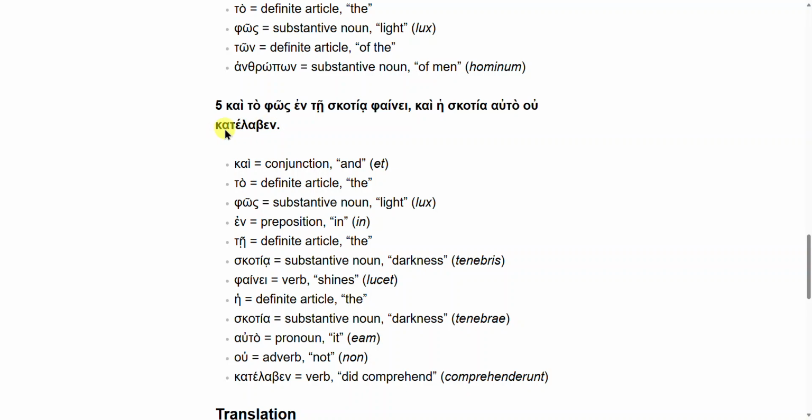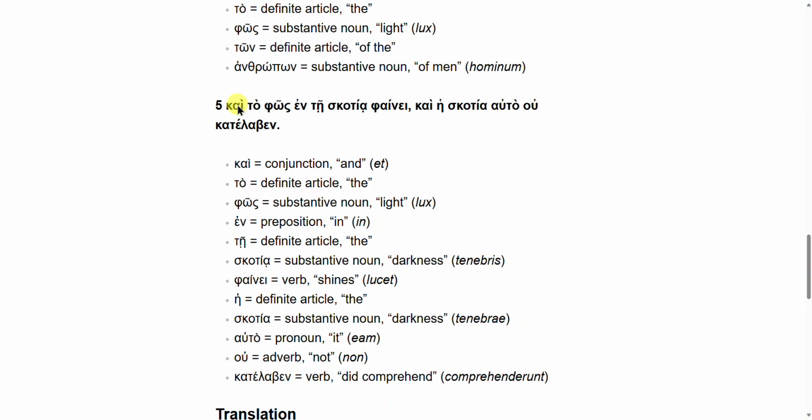We have kappa, alpha, tau, epsilon with an acute accent, lambda, alpha, beta, epsilon, nu. Katellaben. We see that's a verb translated comprehenderunt in Latin, which means did comprehend, past tense, did comprehend.